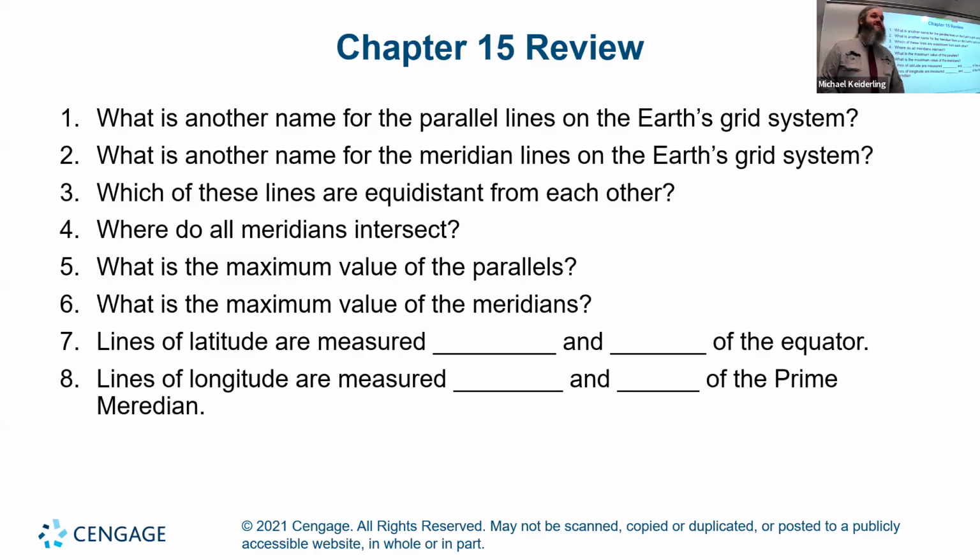All meridians intersect at the poles, the North and South Pole. The maximum value of the parallels is 90 degrees north and 90 degrees south. The maximum value of the meridians is 180 degrees east and 180 degrees west. Lines of latitude are measured north and south of the equator. Lines of longitude are measured east and west of the prime meridian.